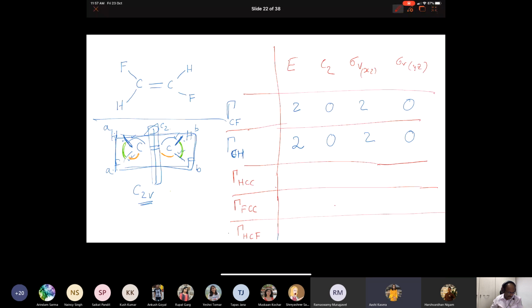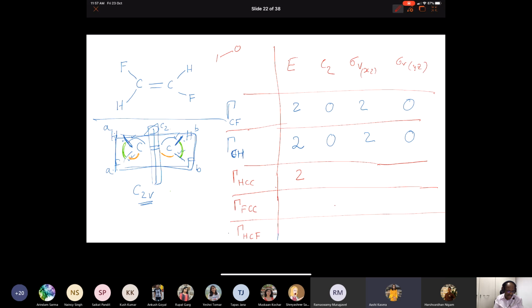Yes, you can hear me. Okay, so now I'm only talking about the SCC, the blue angles. Two of them. When I do an E operation, nothing changes. When I do a C2, both the angles move, right? They move or not move? I think they should move. They move.